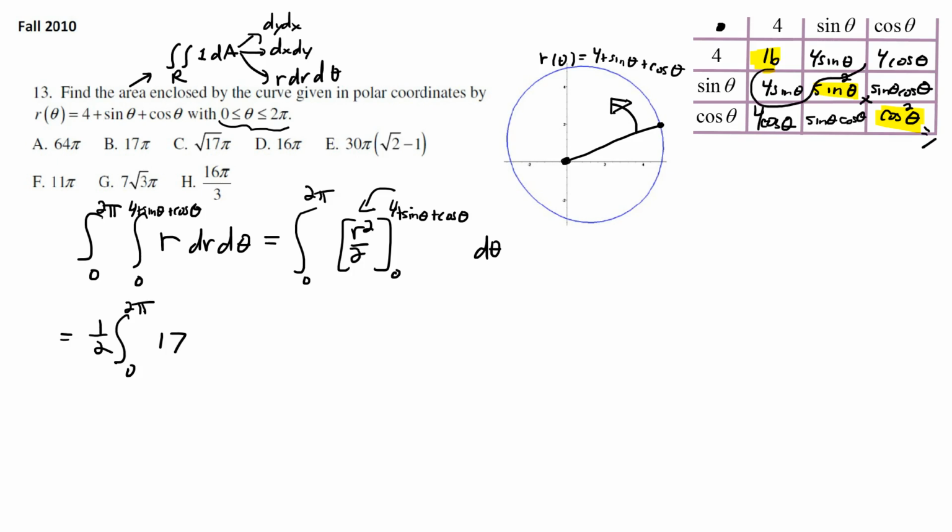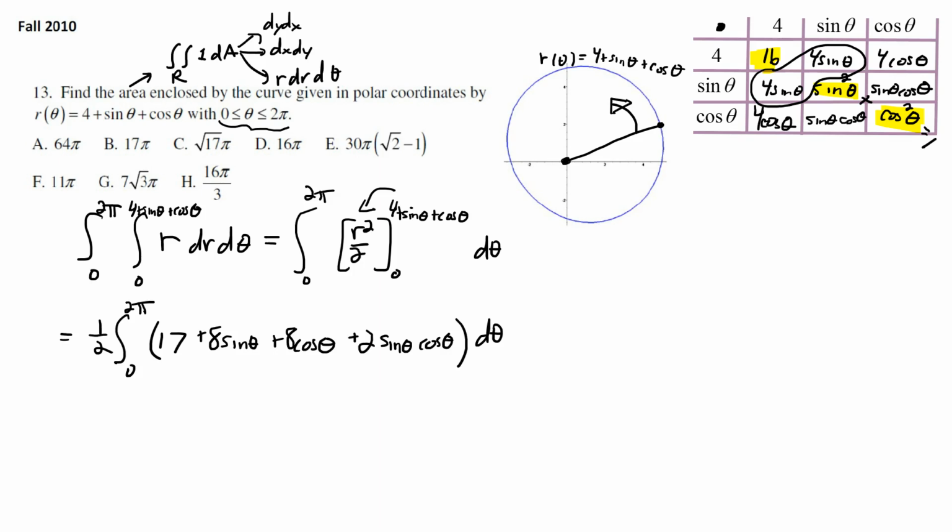Combining the 4 sine thetas, we'll have 8 of those sine thetas and 8 of those cosine thetas and 2 of those sine theta cosine thetas. And we just proceed from there.